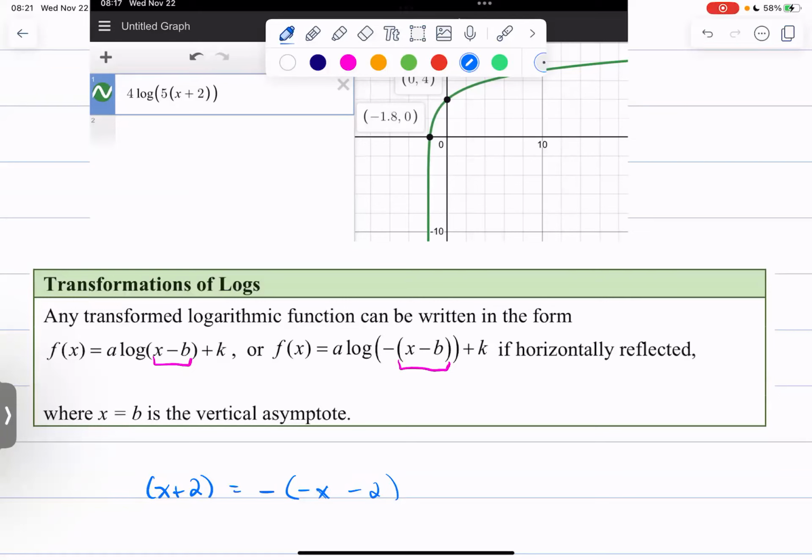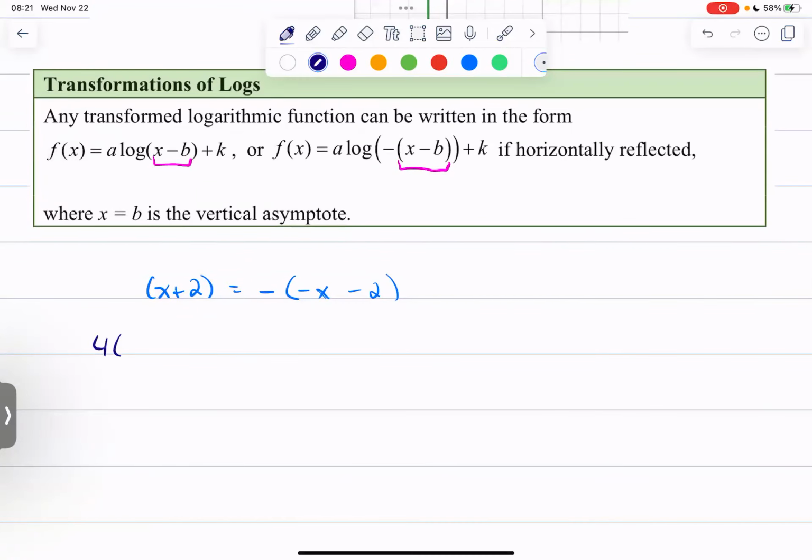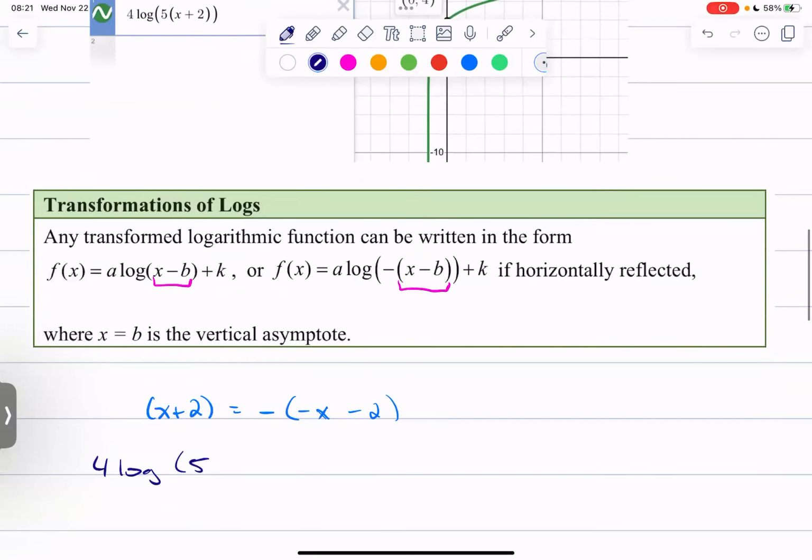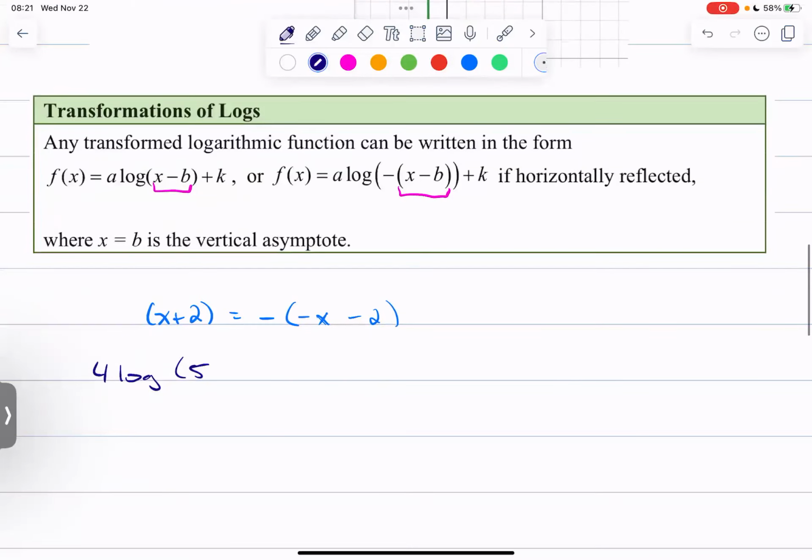Okay, so starting at 4 times the log, we'll go for it. Okay, fine.